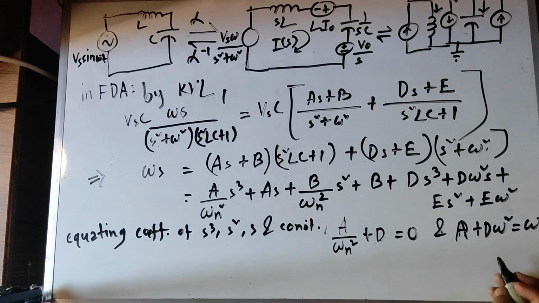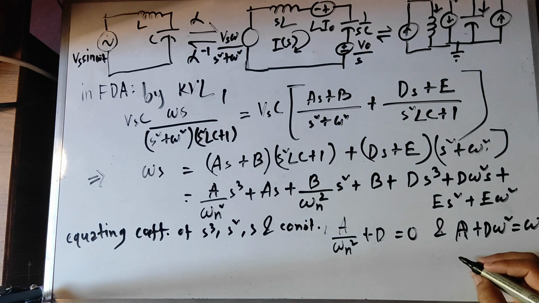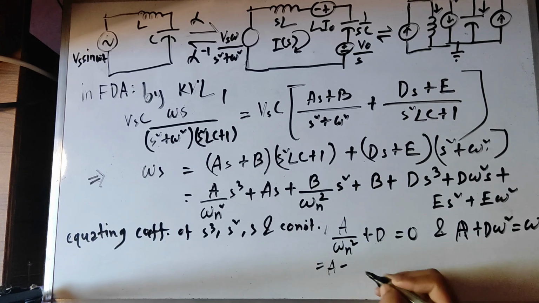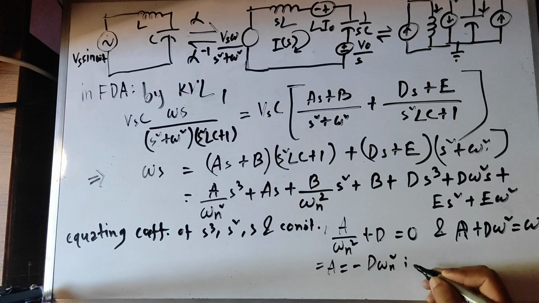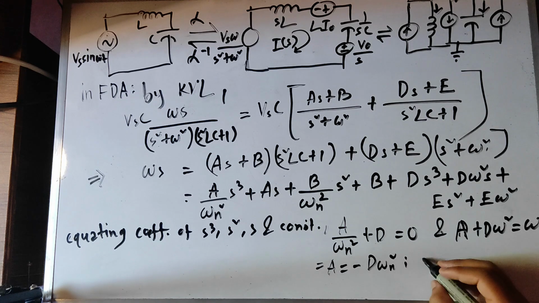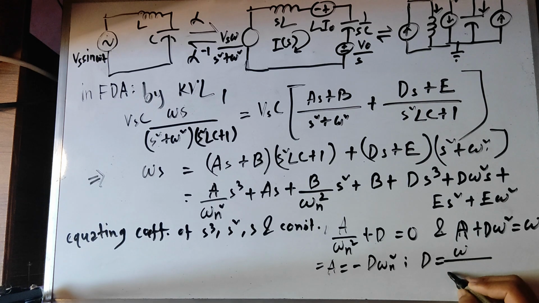So from this we can find that A is minus D omega n square, which gives us D equals omega / (omega square minus omega n square).